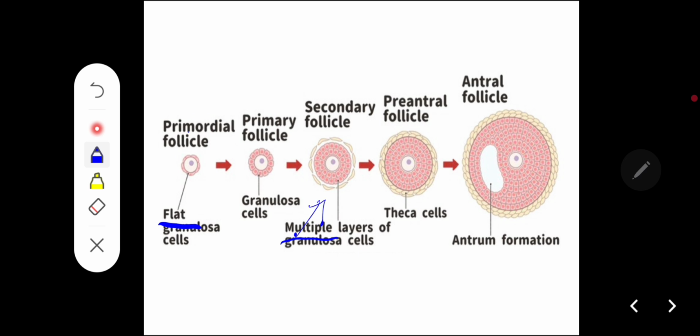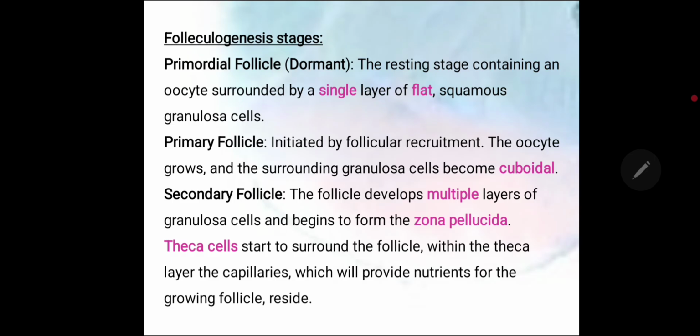So in secondary follicle, the oocyte is surrounded by multiple layers of granulosa cells and theca cells. Theca cell is a vascular layer, providing nutrients for the growing follicle and oocyte. On the other hand, the granulosa cell layer is avascular, like these capillaries.